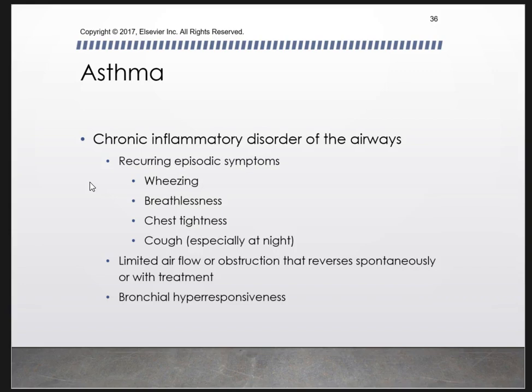We've got limited airflow or obstruction that reverses spontaneously or with treatment. So it can happen on its own, but more often than not, it's going to need medication. And then bronchial hyperresponsiveness. If I was with you in person, I would ask you what that means. So I want you to think about it. If you don't know, look it up. It comes up again later, so hopefully you'll know by then.